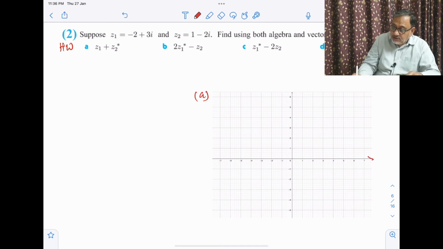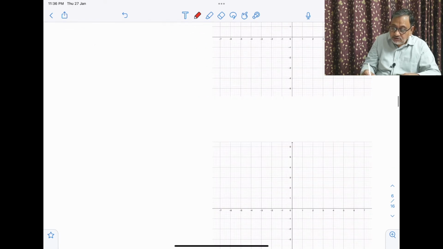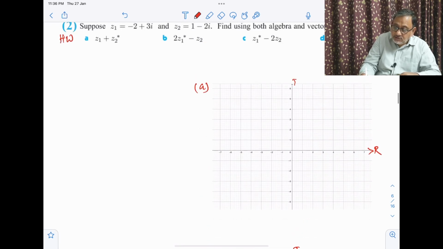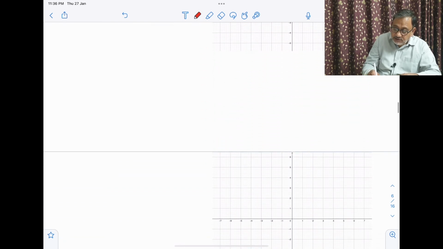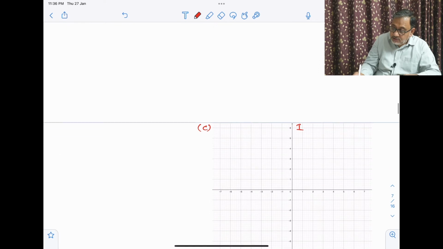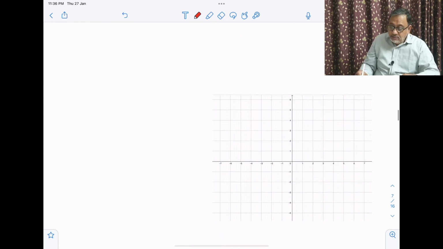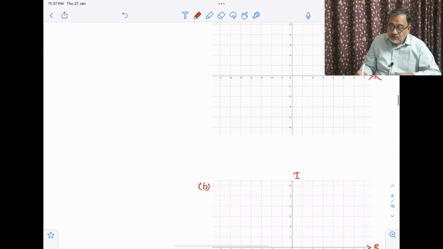This is the real axis. This is for part B. This is the real axis and this is the imaginary axis, and this is for part C, imaginary axis, and this is the real axis. And is there a fourth one?